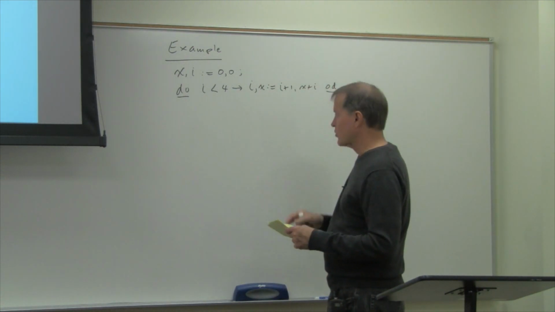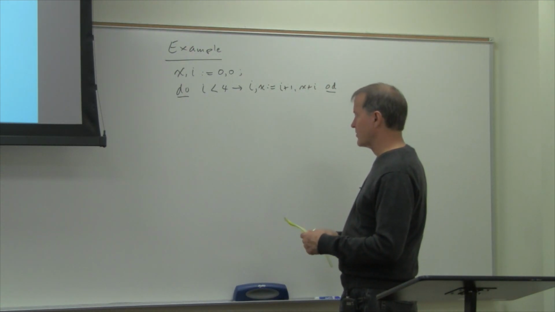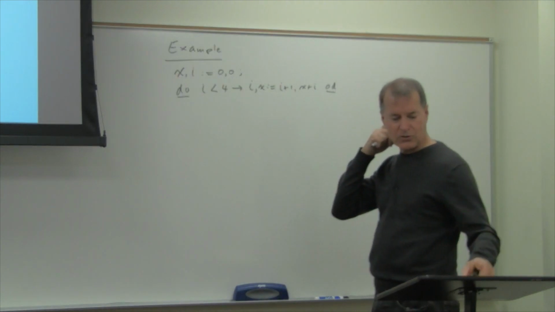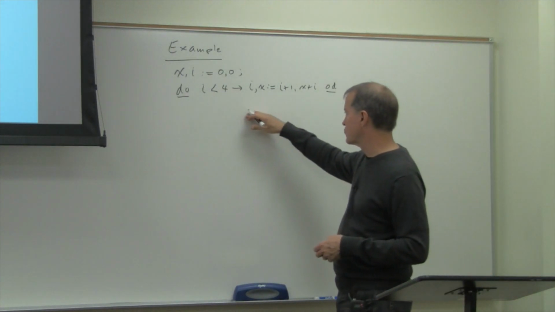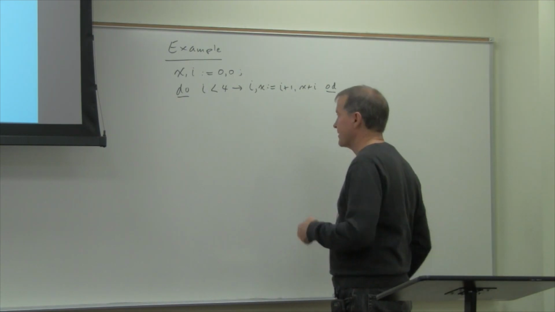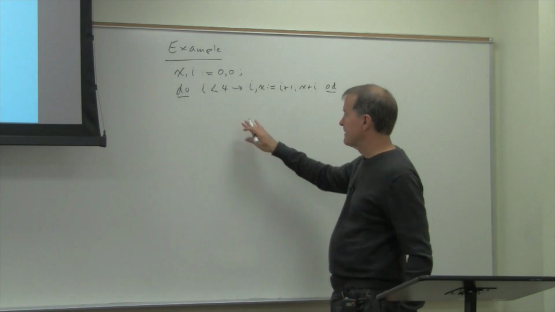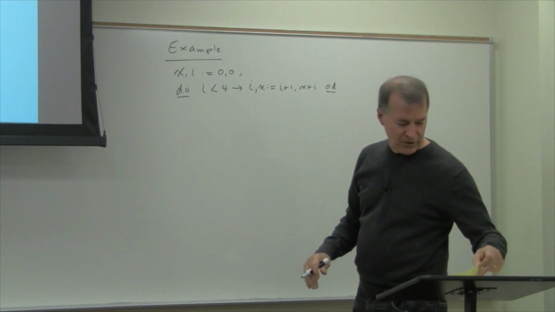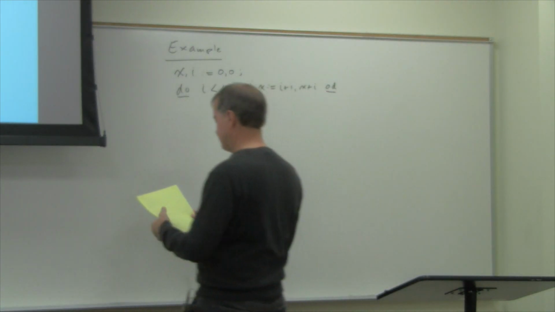Okay. So now, in order to show how this works, what I would like to do is go through and do a trace and show you, and then ask a question. So let's draw what we're going to call a trace table.